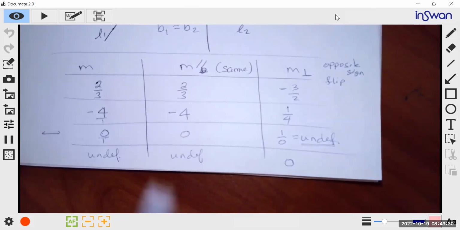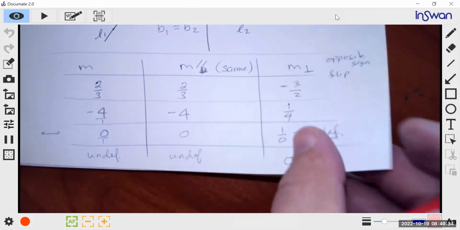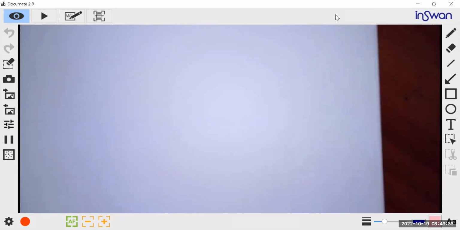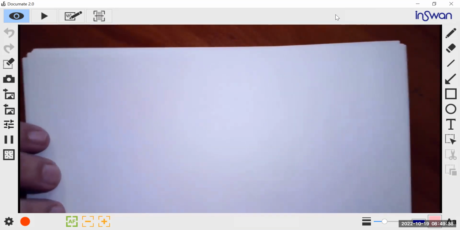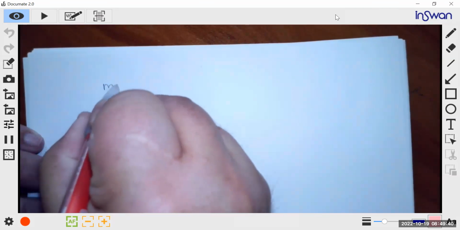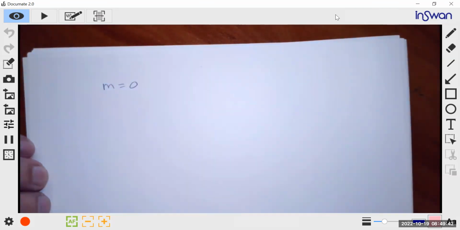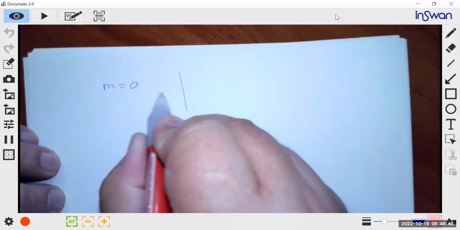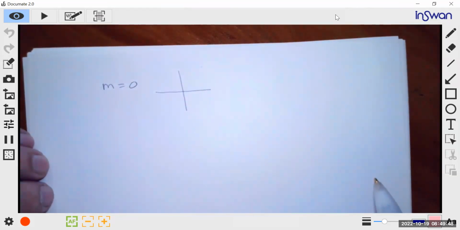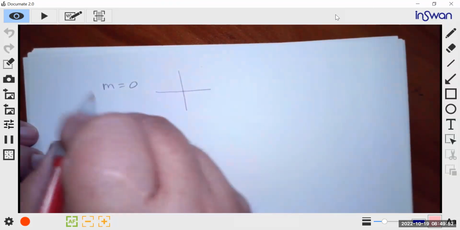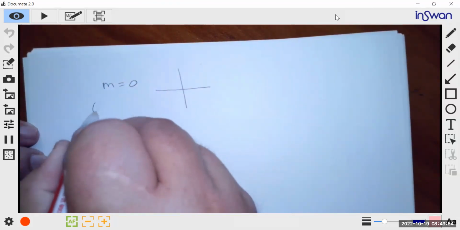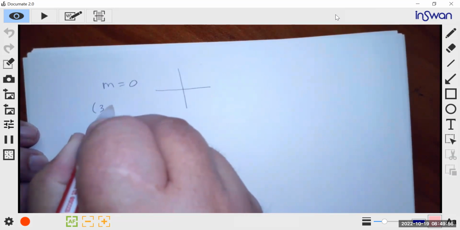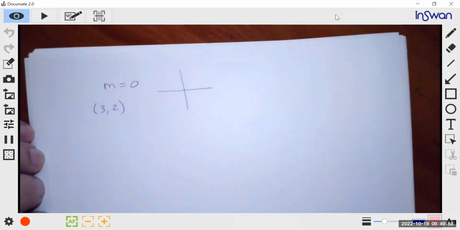And what do these two lines look like? If the slope is 0, what does the graph of that line look like? Well, let's say it has to go through the point 3, 2.